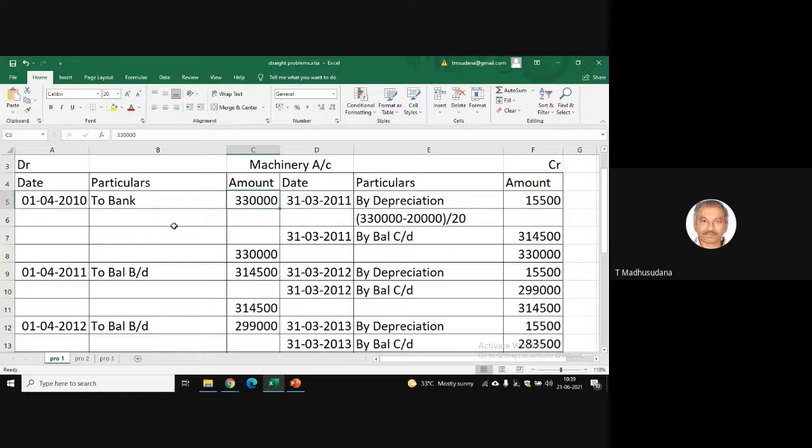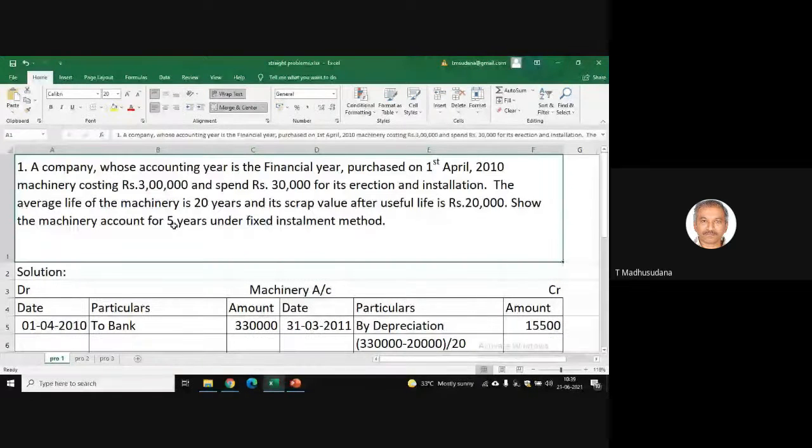Okay. So based on the information given in the problem, any of the two formulas may be used by the organization. Since here in this problem, the life of the asset, the scrap value of the asset and the purchase price of the asset are given, therefore we have used that particular formula. That is, annual depreciation is equal to cost of the machinery minus scrap value divided by average life of the machine.